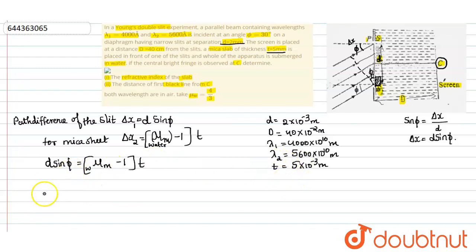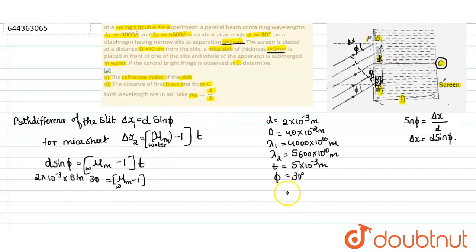So substituting these values in this equation, 2 into 10 to the power minus 3 into sine phi, and phi is given as 30 degree, sine 30 is equal to mu m minus 1 with respect to water.